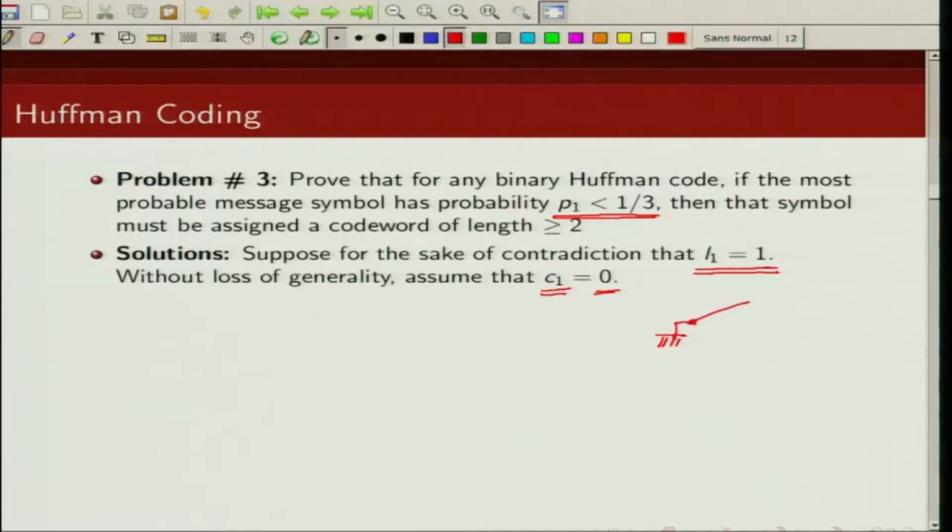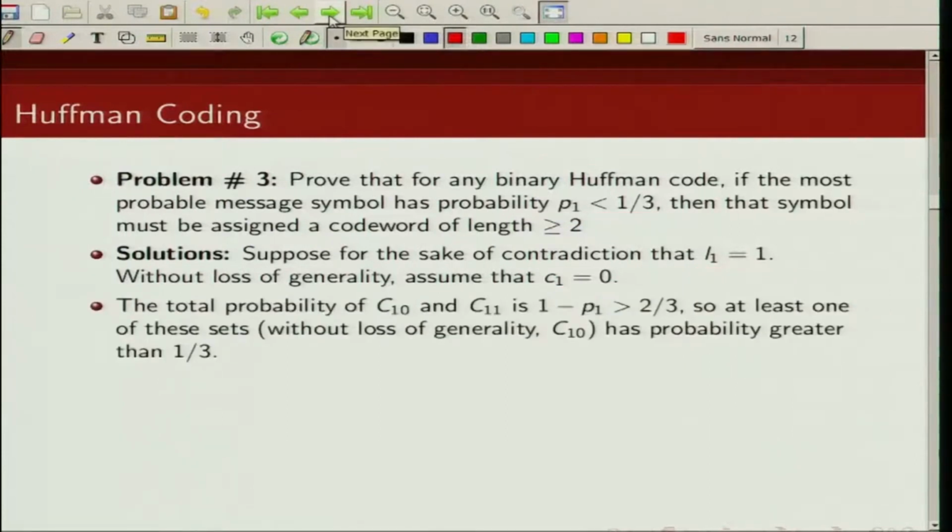We have a binary tree and this message symbol is assigned a code word which is basically 0. That's what we are saying, and this has probability P1 which is less than 1 by 3. Let's draw this tree again. This is corresponding to 0, which is C1, which has probability P1 less than 1 by 3.